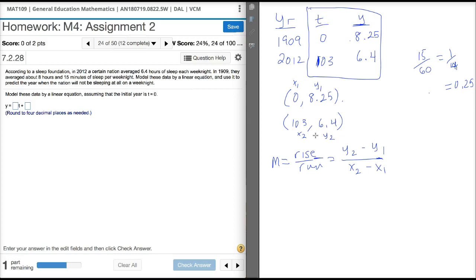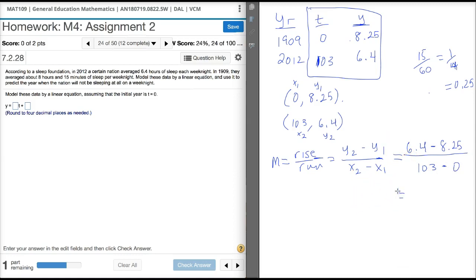It doesn't matter which point you label which, but whichever one you start with, you have to do the other one the other way. So our y2 is 6.4, our y1 is 8.25, our x2 is 103, and our x1 is 0.